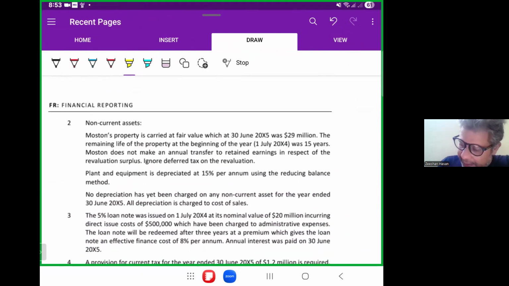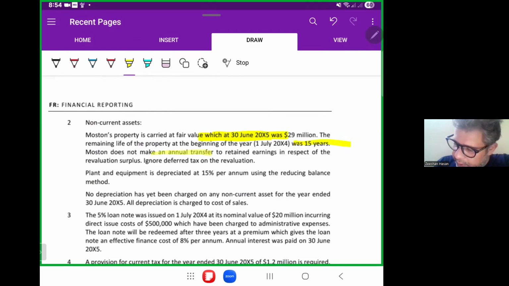Now, the next is Moston's property is carried at fair value, which at 30th June 2005 was 29 million. The remaining life at the beginning of the year, 1st July, was 15 years.